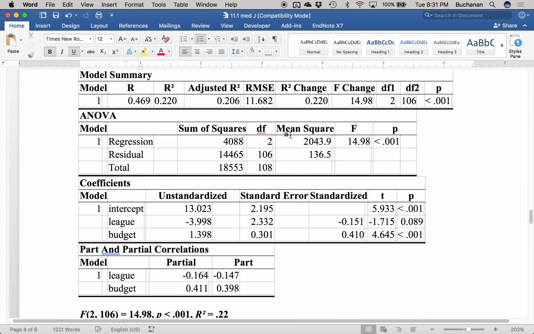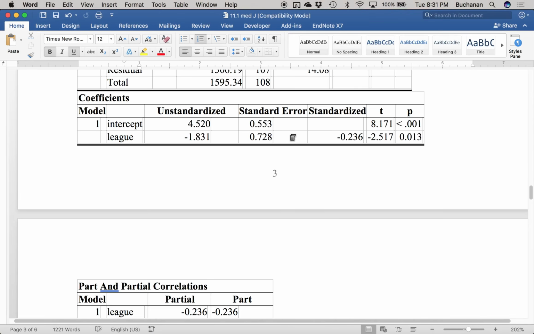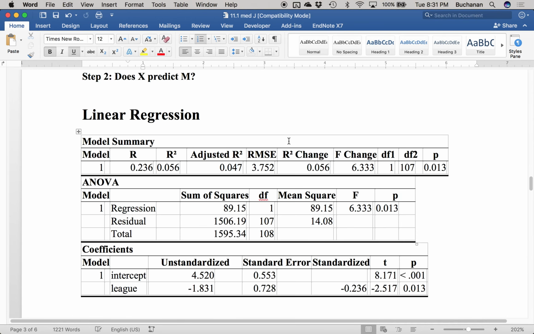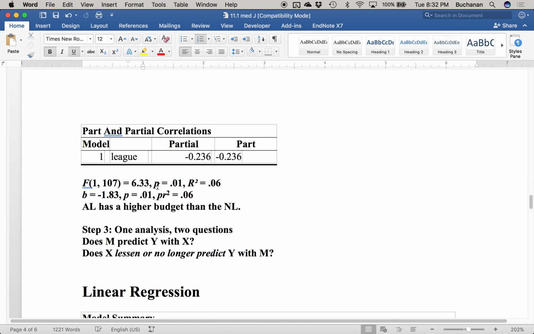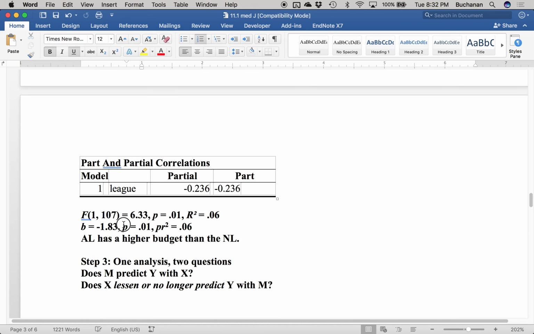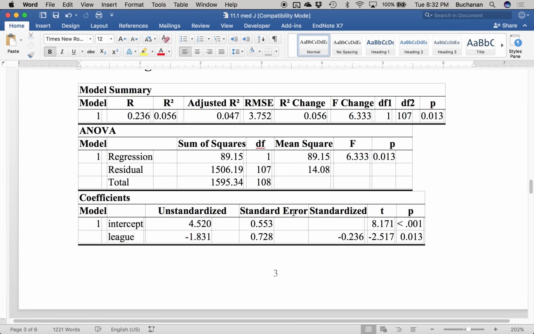So we're going to go back up here and find our A path. The A path is step 1 here. We want X to predict M, so here's our A path. And our T statistic, which I didn't write down for some reason, is 2.517.